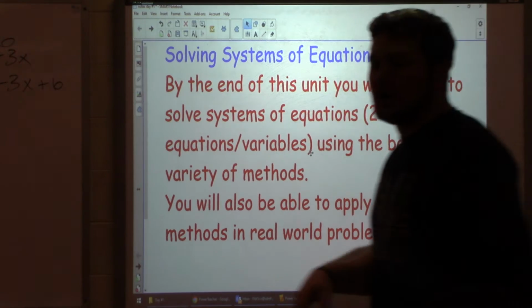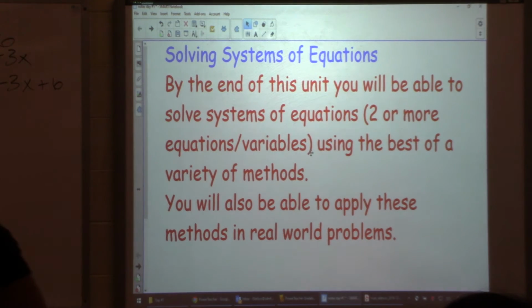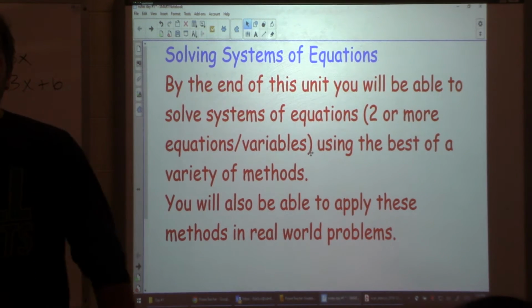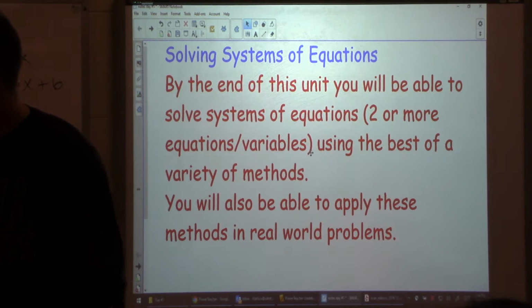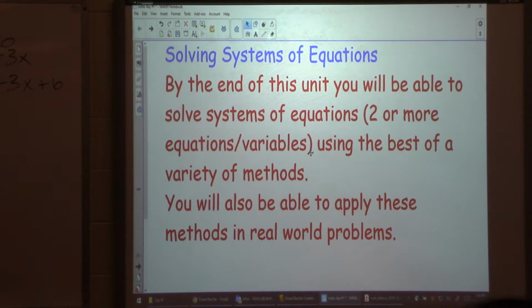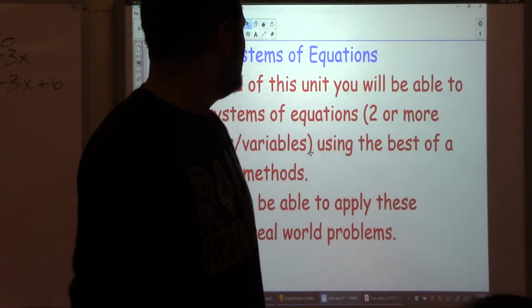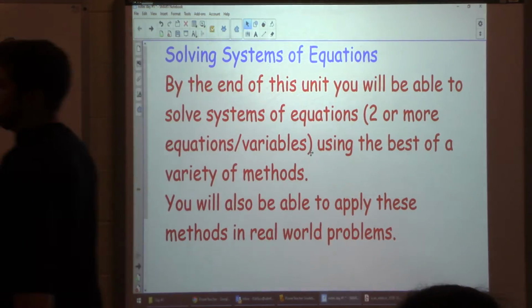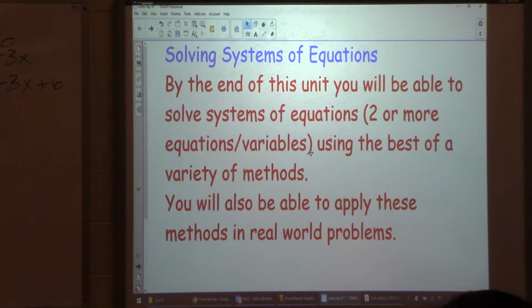So, we're starting our last unit of the semester. It's called Solving Systems. You probably did one just like this in Algebra 1. So, we're going to talk about systems that have 2 equations and 2 variables. We're going to talk about systems that have 3 equations and 3 variables.